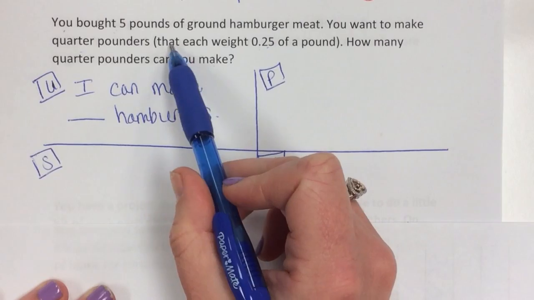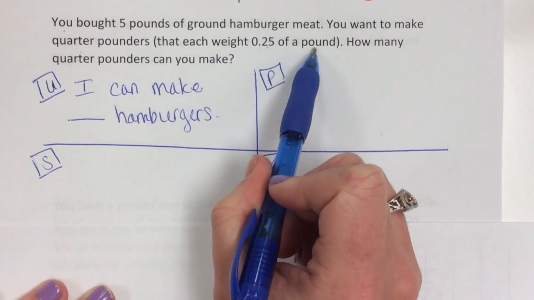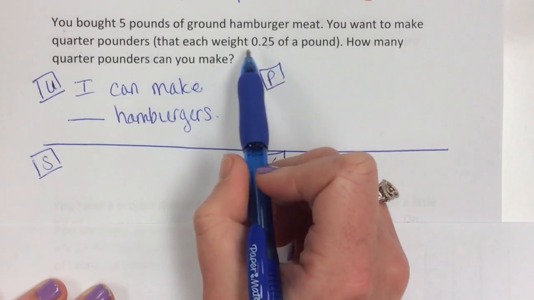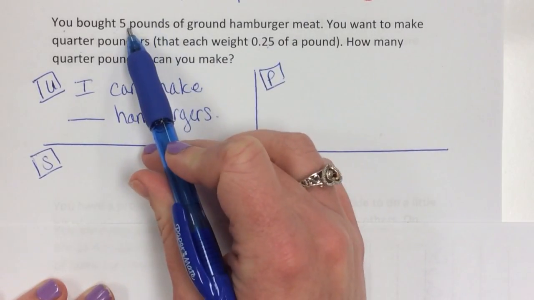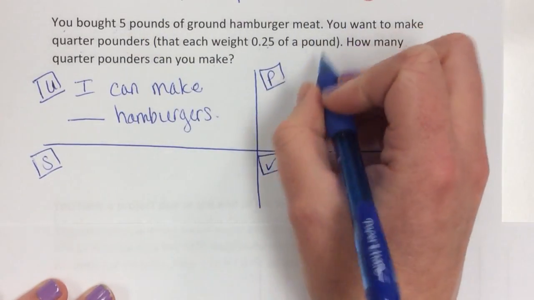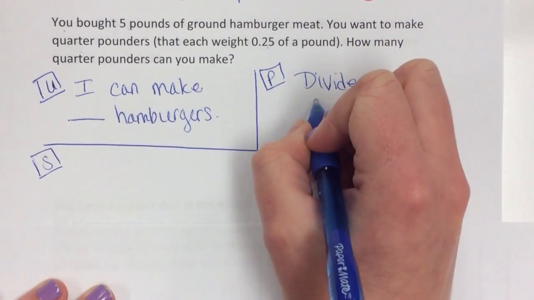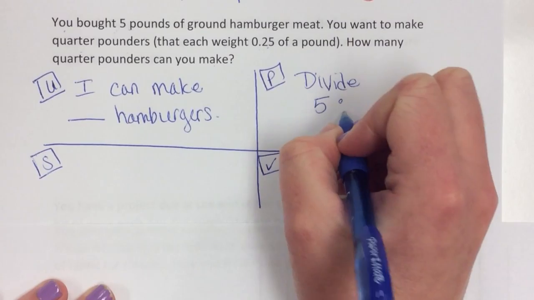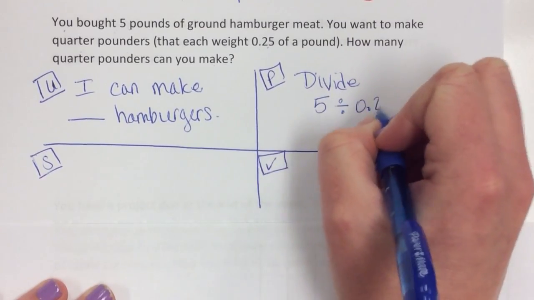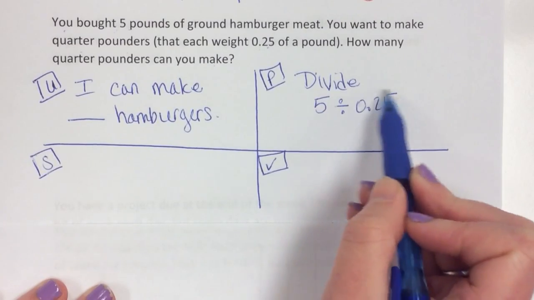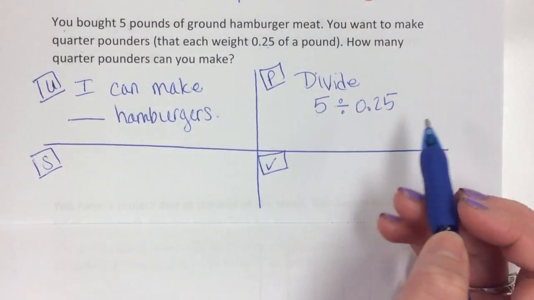If each hamburger weighed 2 pounds, and we want to figure out how many hamburgers we can make, we would divide 5 by 2. So my plan is that I'm going to divide 5 divided by 0.25, because I want to figure out how many times this 0.25 can go into 5.